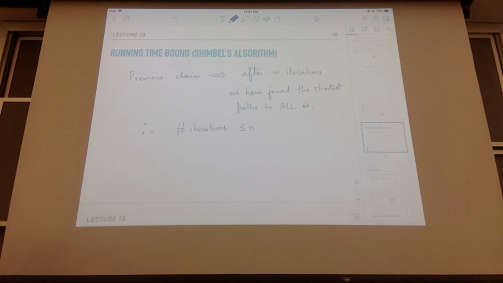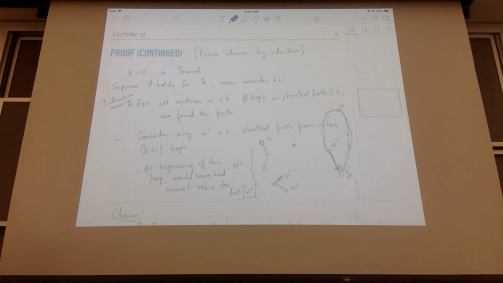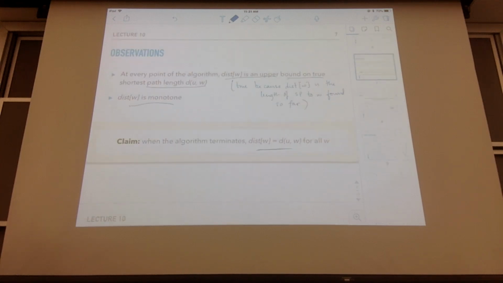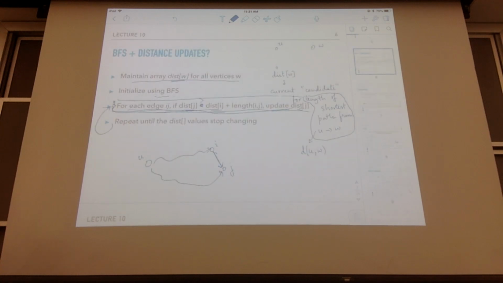And what is the time for each iteration? So each iteration is just this, right? What is the time you take for each iteration?